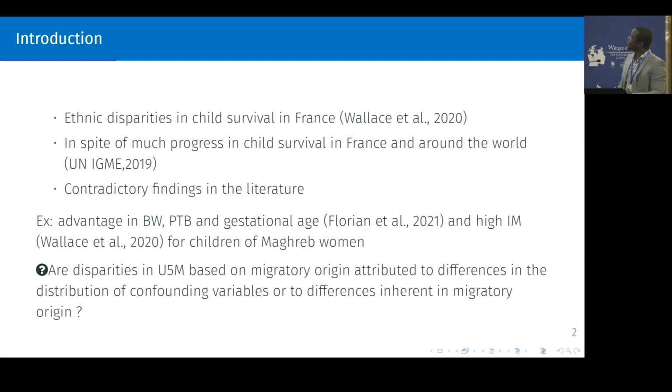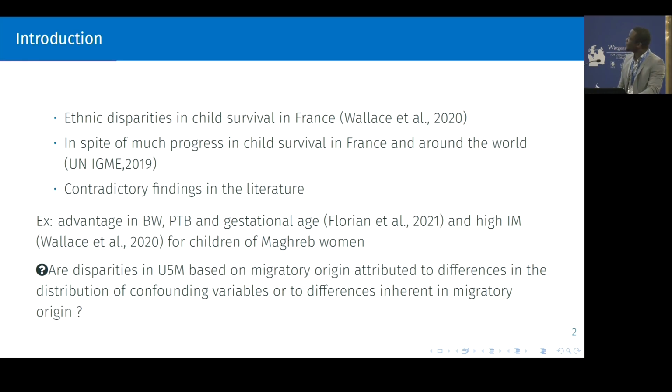By way of introduction, we can note that ethnic disparities in child survival in France are evident in spite of much progress in child survival in France and around the world. At the same time, there are contradictory findings in the literature.